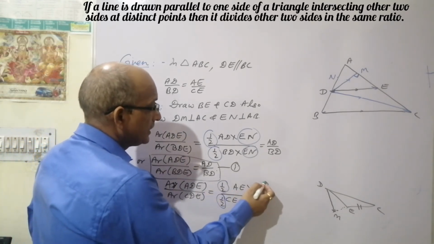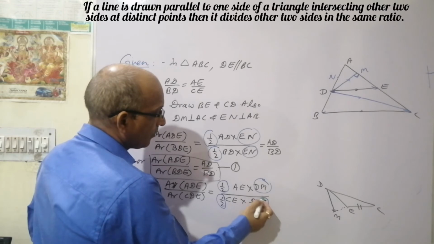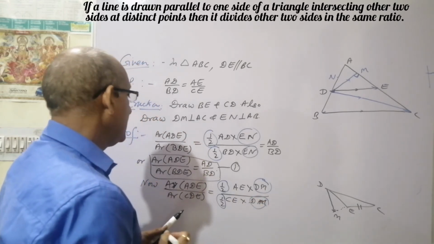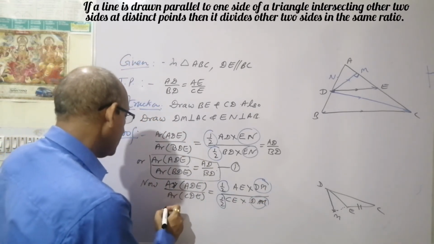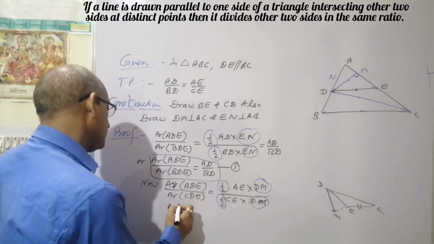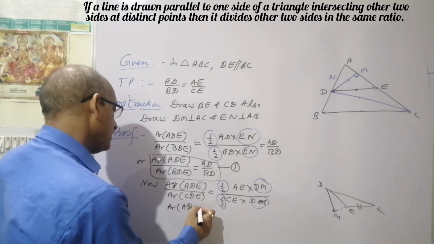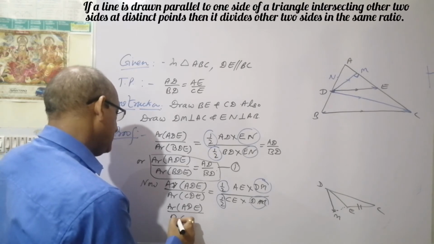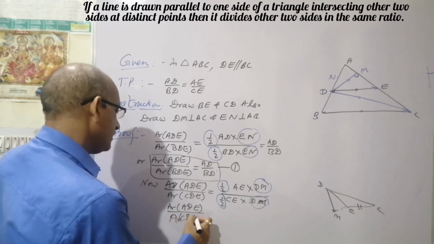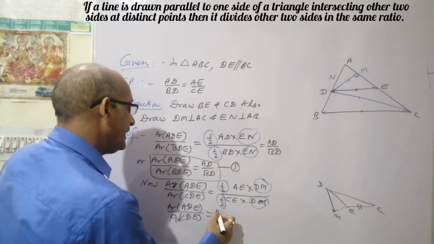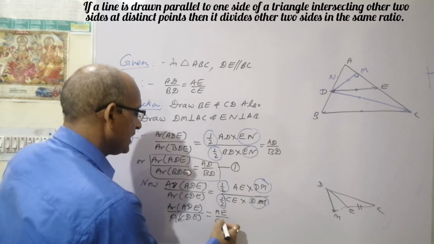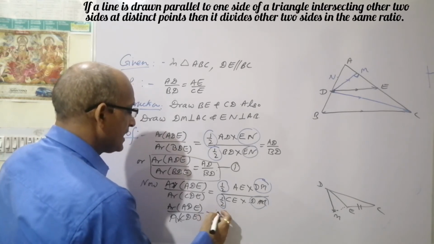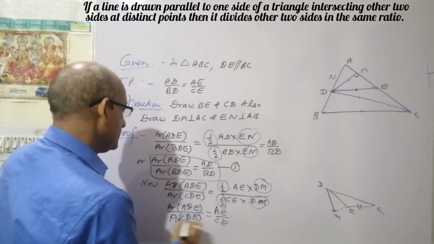So what will we get finally? Therefore area ADE upon area CDE will be equal to AE upon CE. It is AE upon CE.